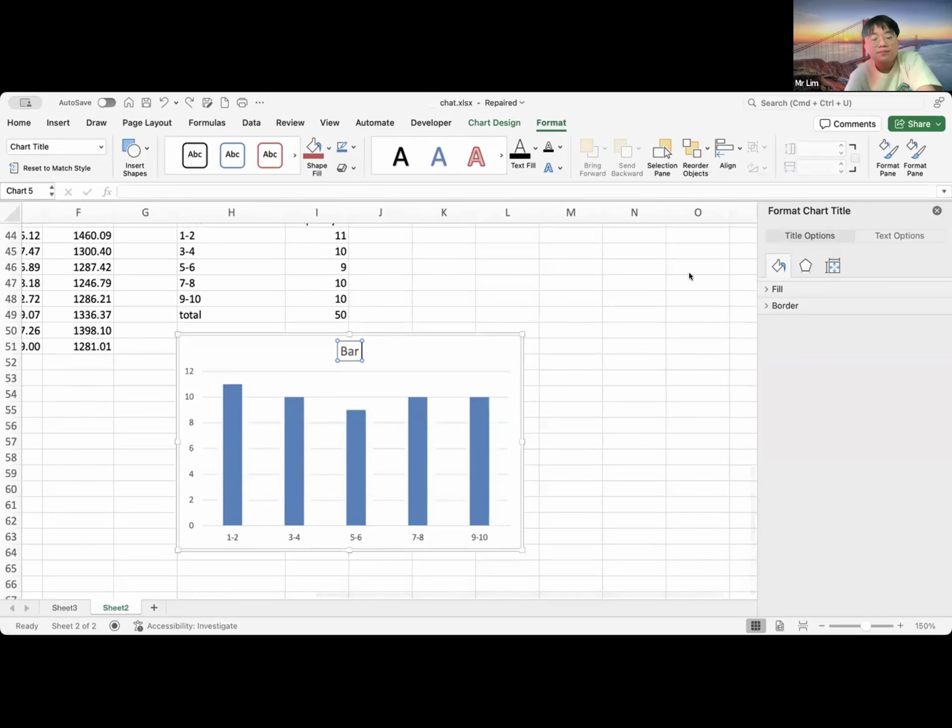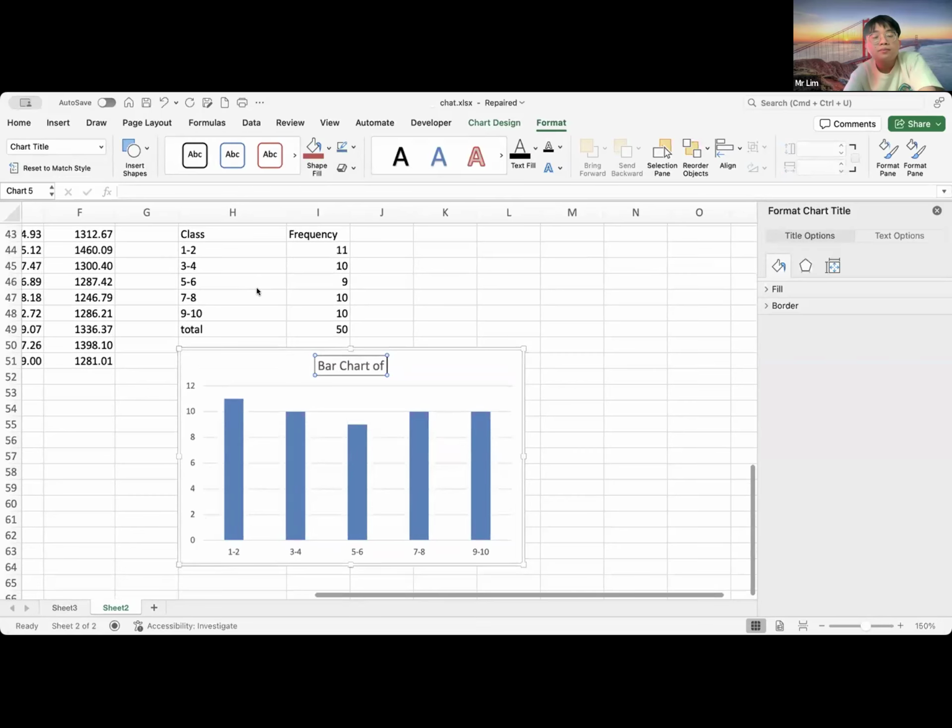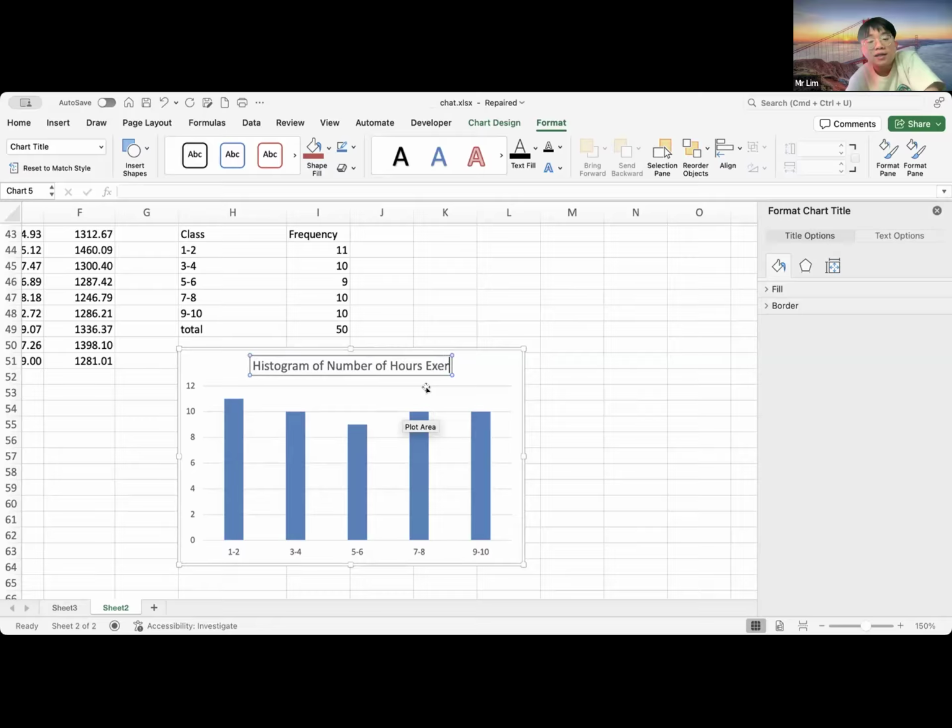Okay, so this is a bar chart. Not really a bar chart. It is a histogram, but you have to make it more standard. Histogram of the number of hours exercising per week.